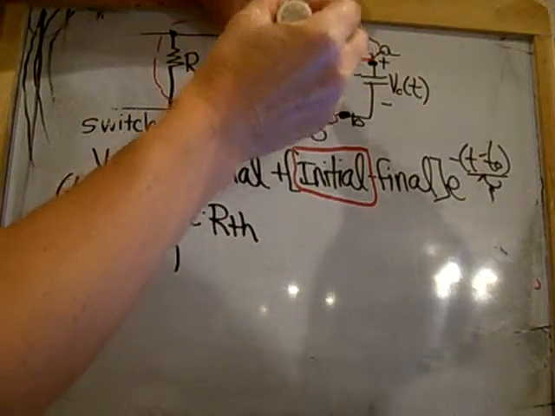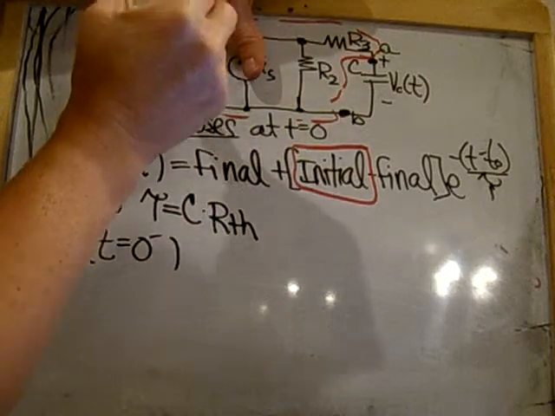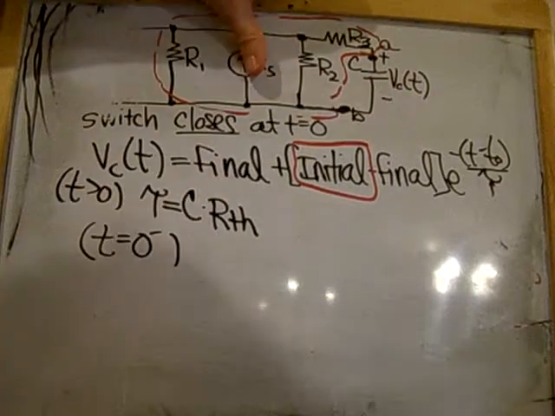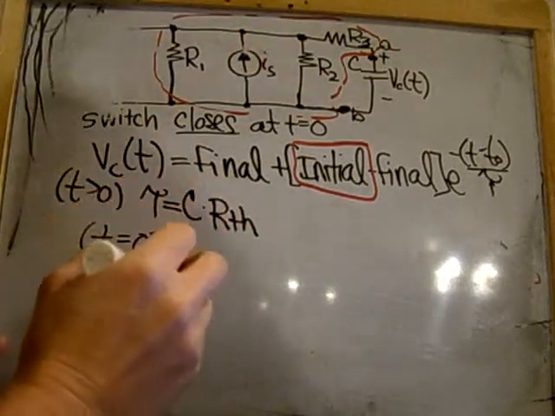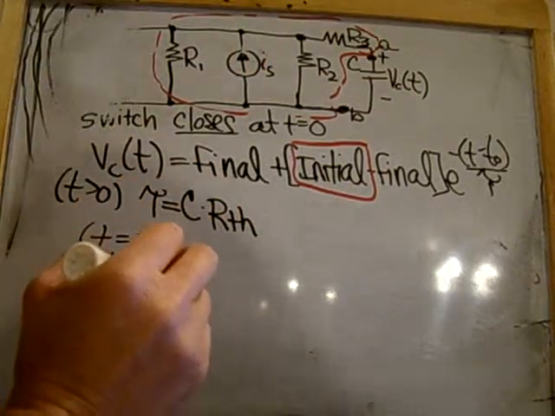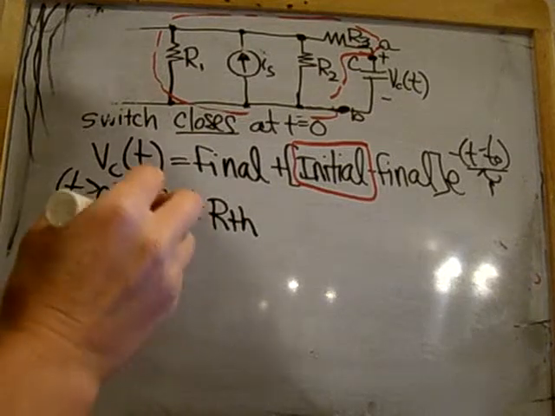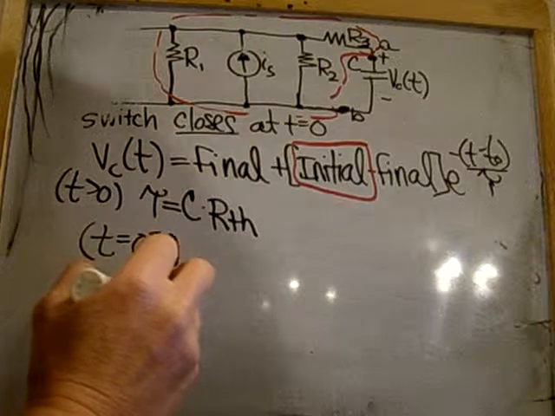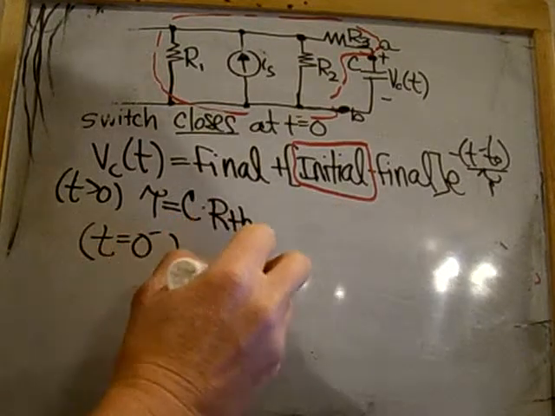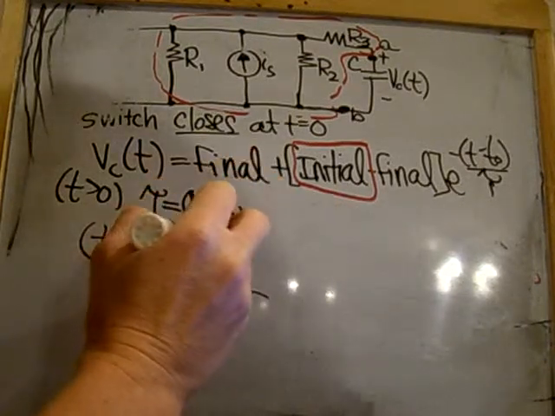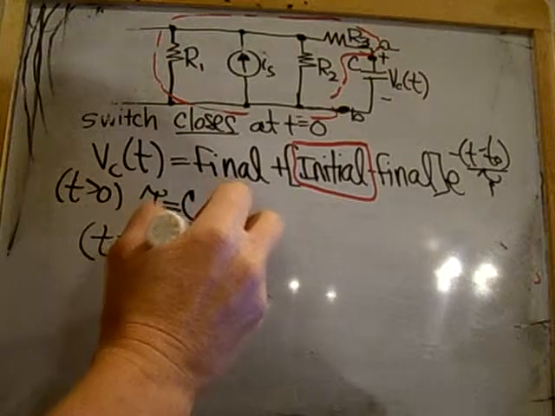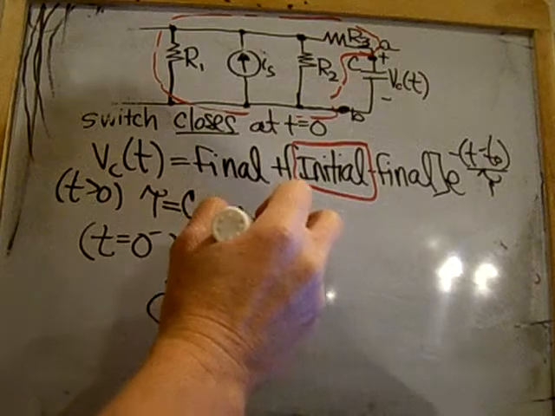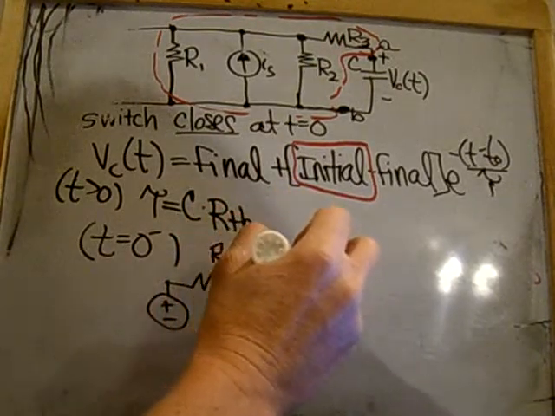At this point it begins to split, so it will be R2 in parallel with R1, and then they combine back to B. So RTH for this circuit will be R3 plus R1 in parallel with R2.